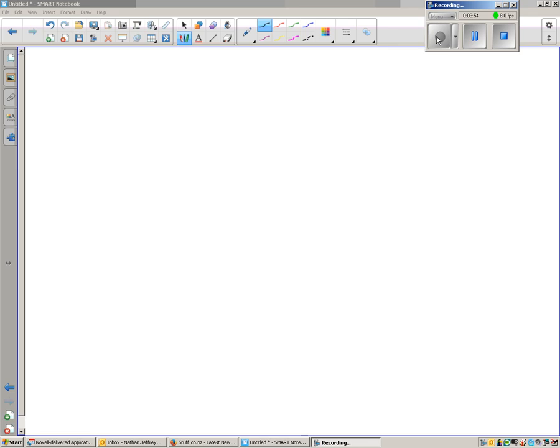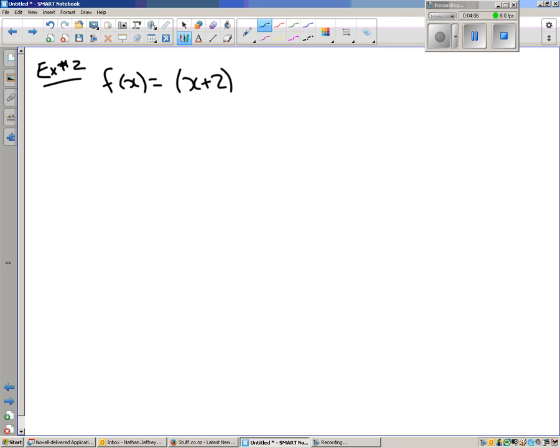I'm going to give you a second function, and we're going to look at that one. So our example number 2: a function that looks like x plus 2, but our second term is x minus 3 squared. What are some properties, some characteristics of this polynomial function?